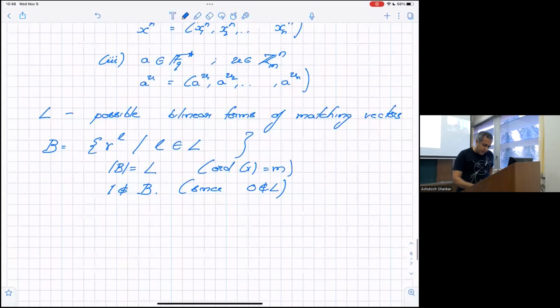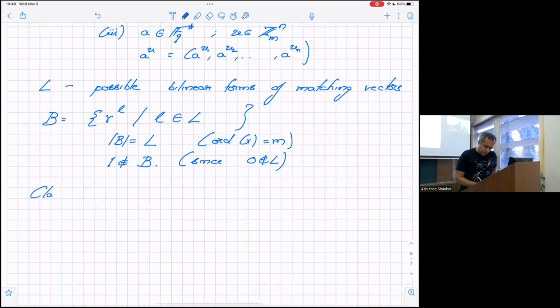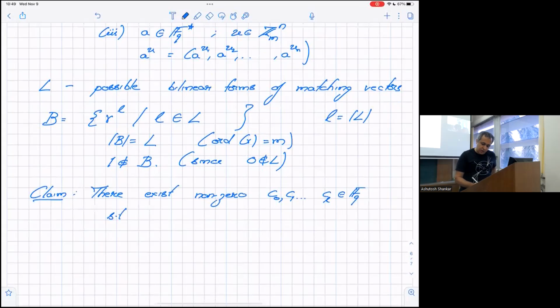So because of this, I want to claim we have the following simple claim. There exist non-zero elements C0, C1 all the way up to C_L, where let's call L the size of the set L, in F_q such that the following two conditions hold. One, the summation of C_i, i going from 0 to L, is 0.